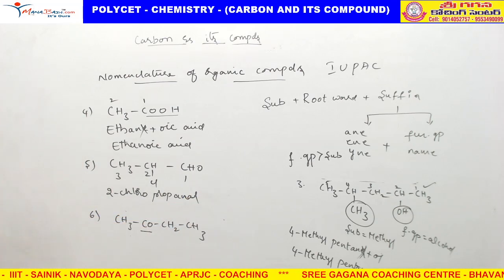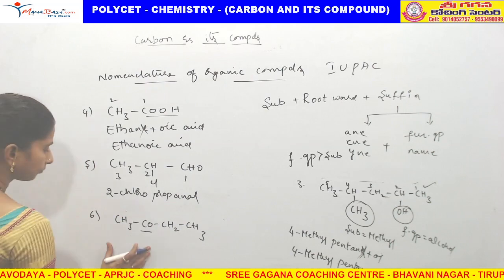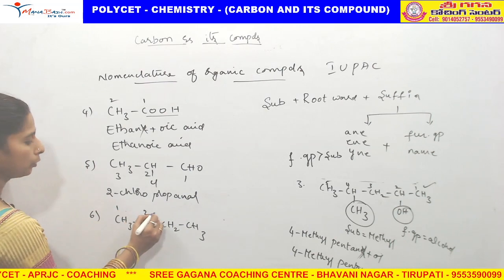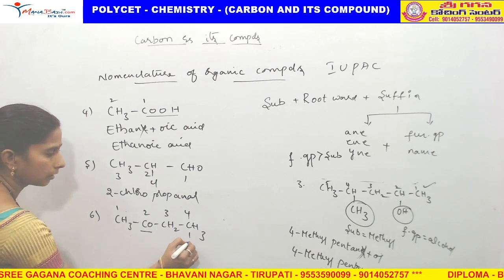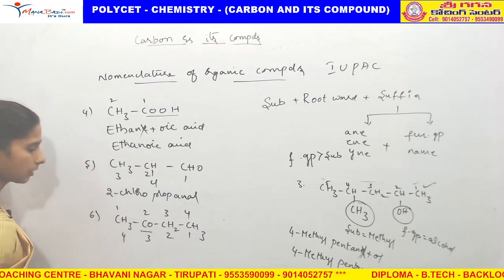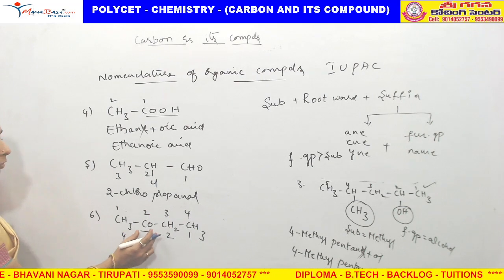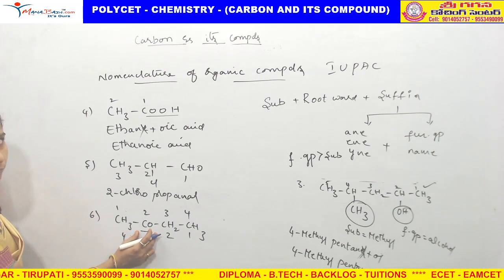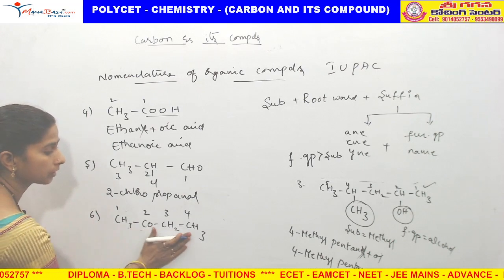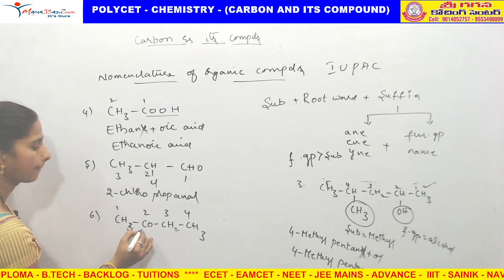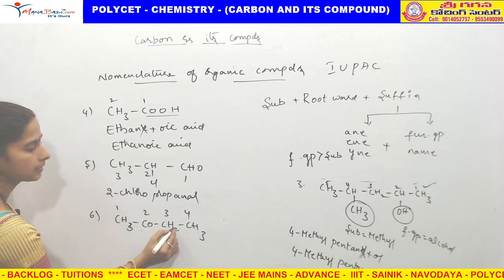Propanal. Now come to the sixth one. 1, 2, 3, 4. 4 carbons are there. Or otherwise 1, 2, 3, 4. Which is correct? CO, ketone. Ketone functional group. Functional group should get less numbering. So which is correct? First one is correct. Right. Is there any substituent?